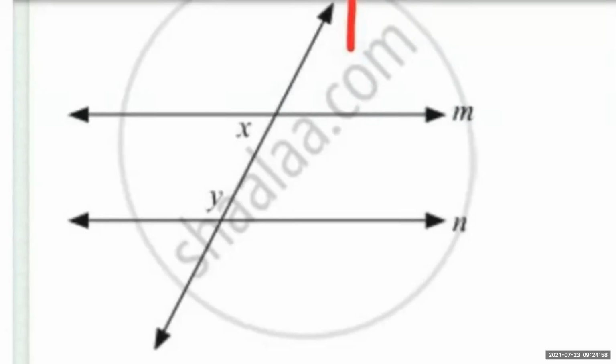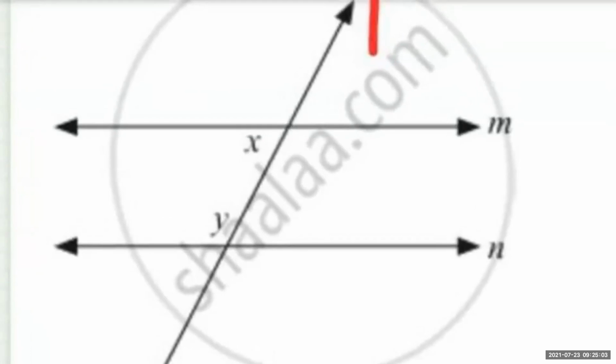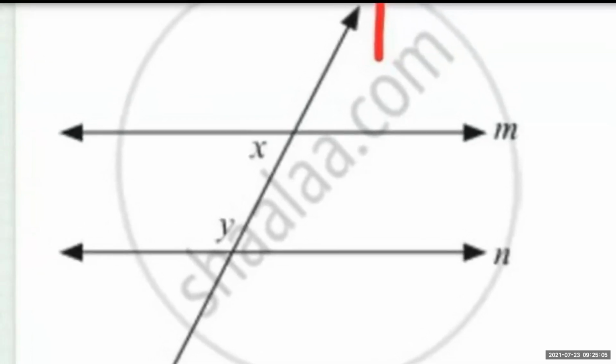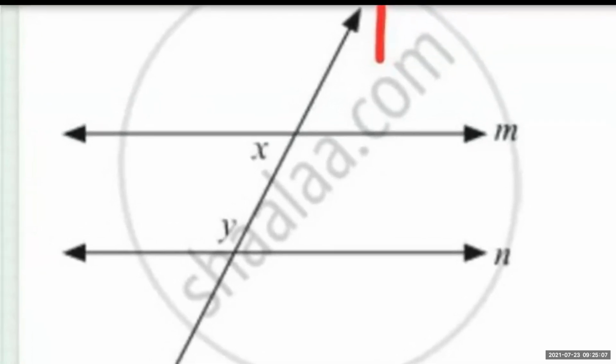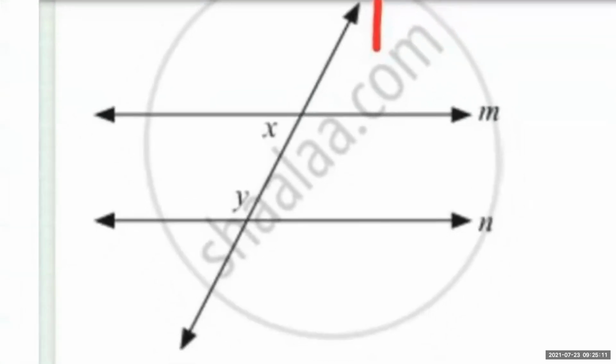So the interior angles, angle X and angle Y, we can easily say that. And if those are supplementary, meaning their measurements together are 180 degrees, then we can say that the two lines are parallel.